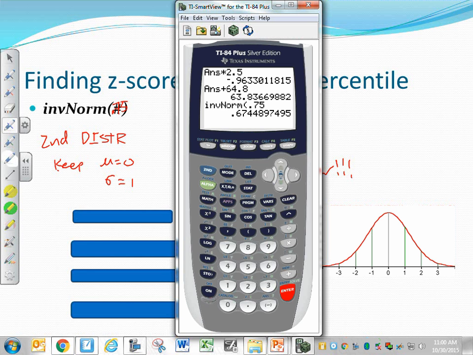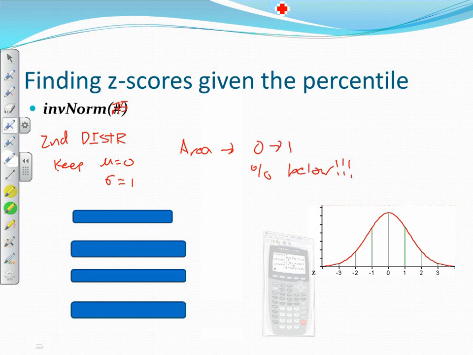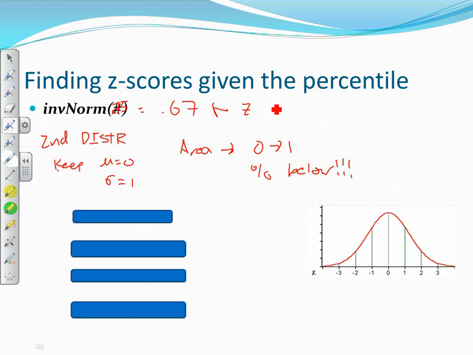That value is the z-score that corresponds with being at the 75th percentile. This goes from percent to the z-score.